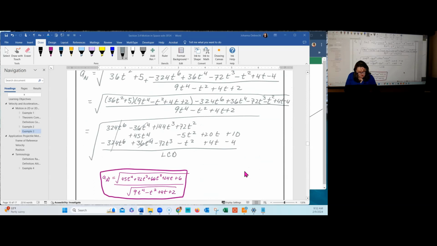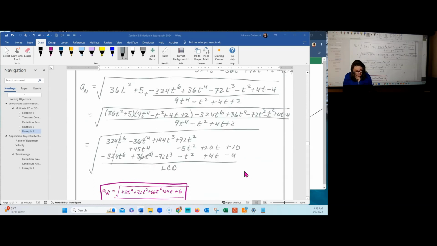I have to get a common denominator, which is kind of a nasty process, if you can tell right there. And so I again employed this combination of rows and columns to line up my like terms.